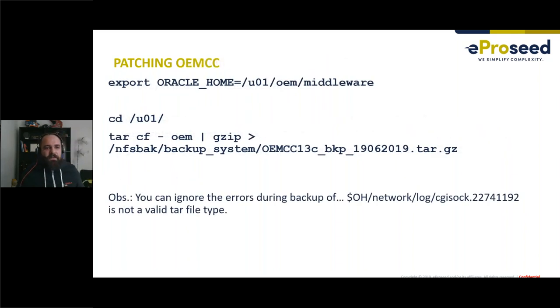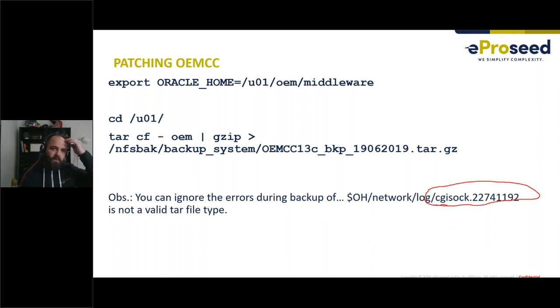Here is a small how-to from my experience applying a patch in Oracle Enterprise Manager Cloud Control on AIX. I faced some issues. The first issue I remember was when I was backing up the Oracle Home, I received some socket file errors, which I saw just on AIX.